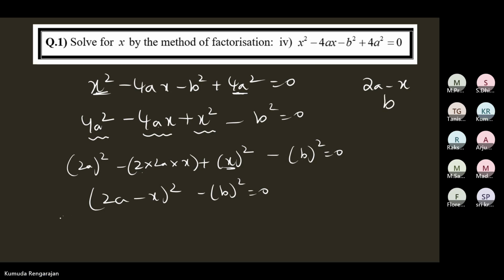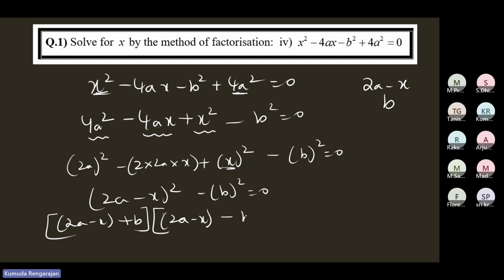So it will be a plus b into a minus b. So when you work this out, when you equate each of these to 0, you can find the two values of x.